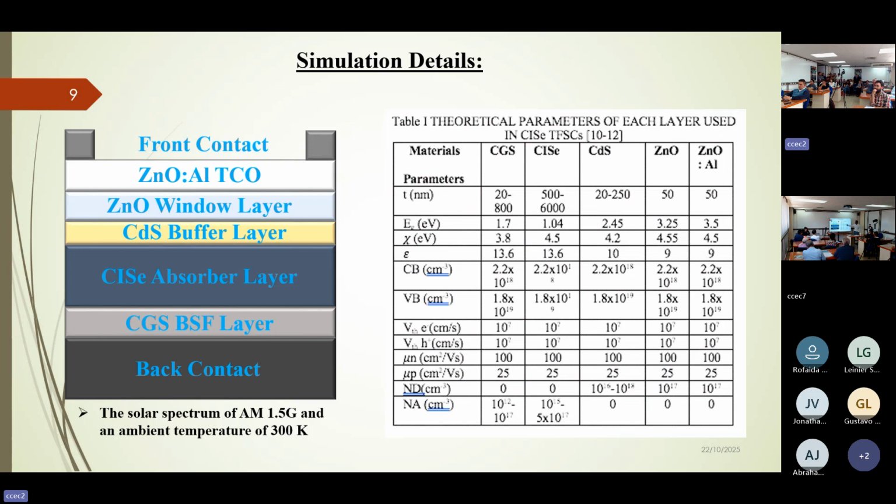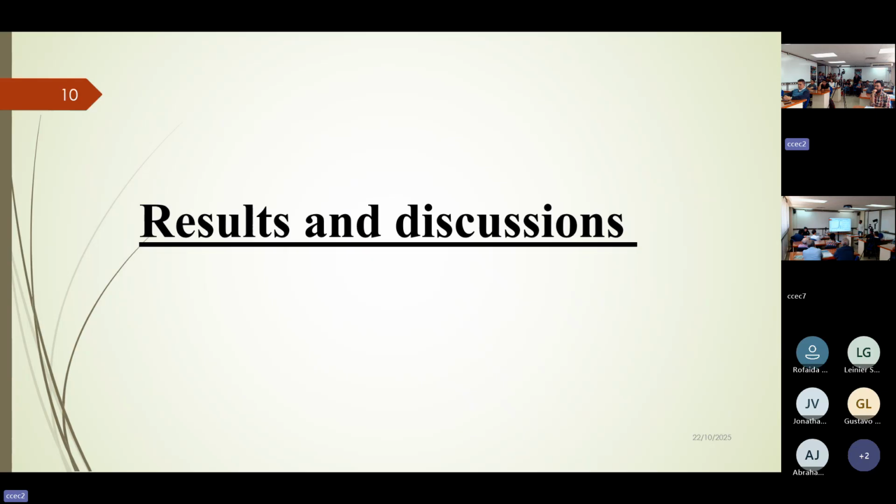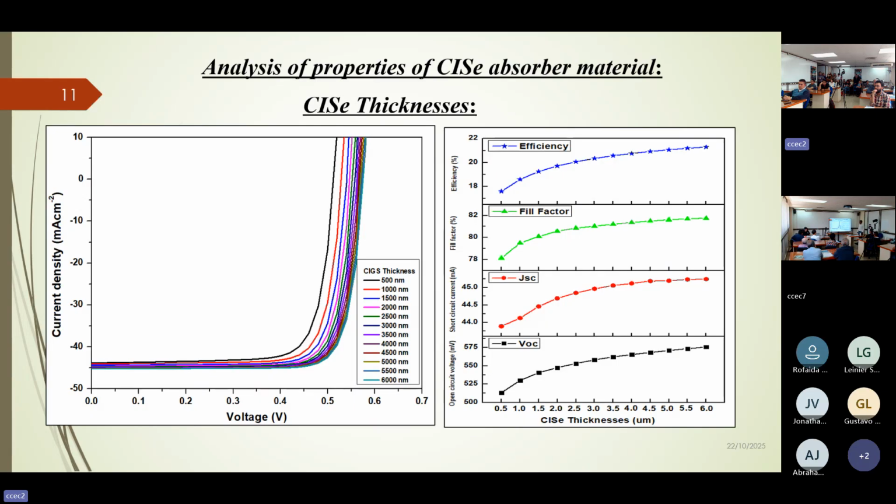Here we have varied the thickness. We have primarily focused on thickness and carrier concentrations, and later I will discuss the effect of these parameters on the solar cell parameters. First we varied the thickness of the copper indium selenide, keeping all other parameters constant based on the optimized results.